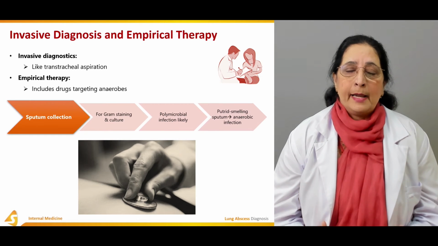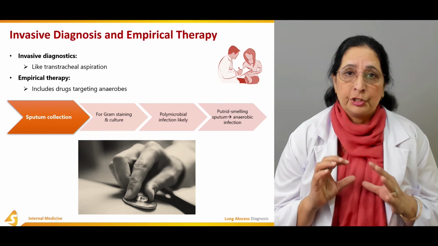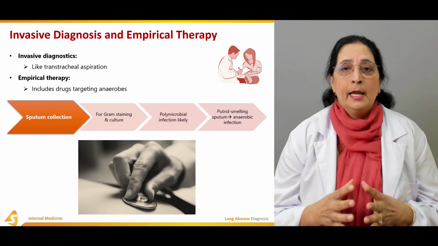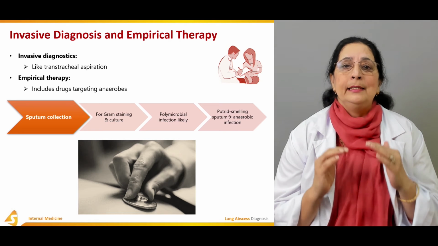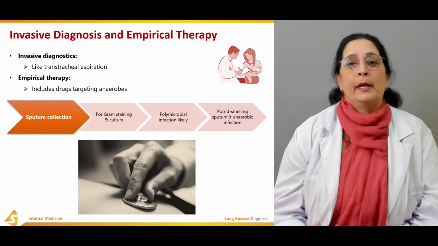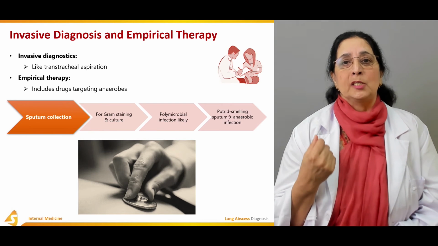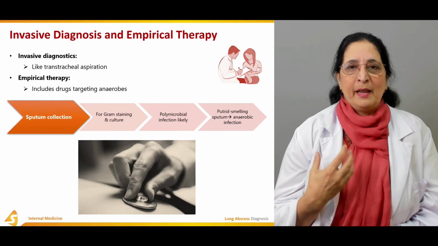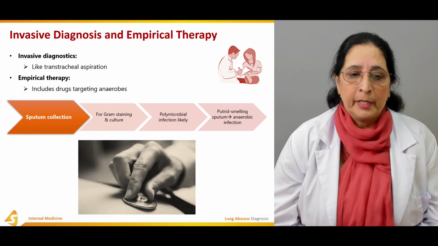Then some invasive methods, like in aspiration we should do the transtracheal aspiration, a really invasive step, and then we should do the empirical therapy, in which we use the antibiotic therapy that's targeting mainly the anaerobic microorganisms. And we already mentioned that anaerobic microorganisms can lead to the formation of foul smelling sputum and foul smelling breath, foul taste in the mouth also.